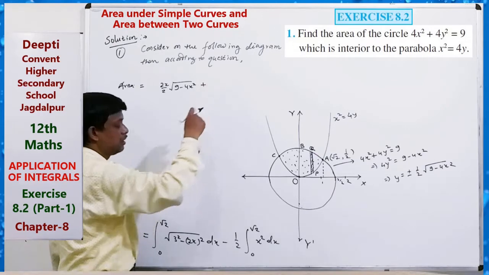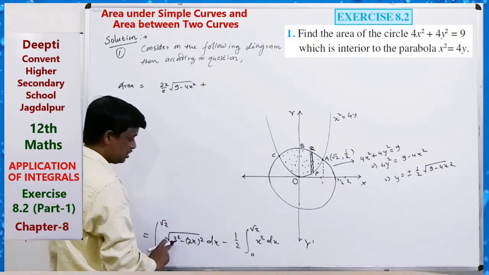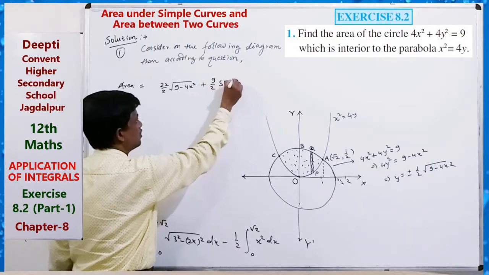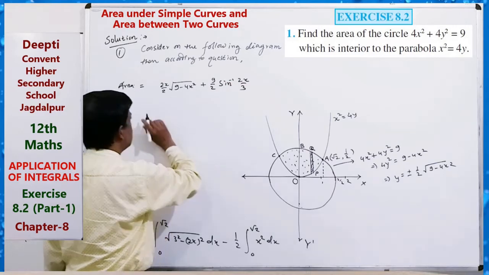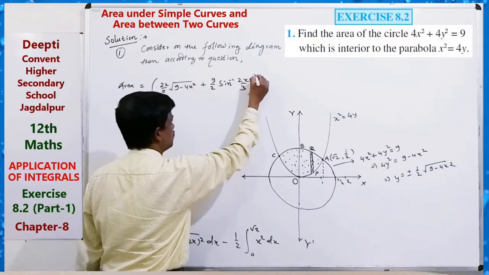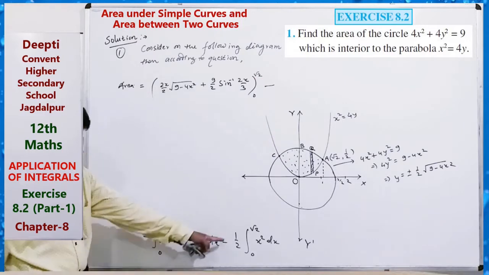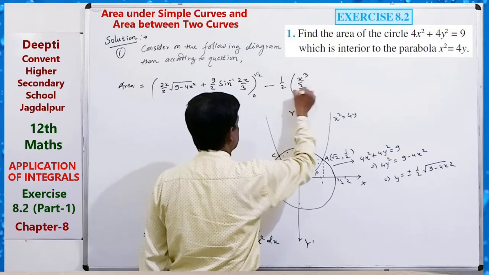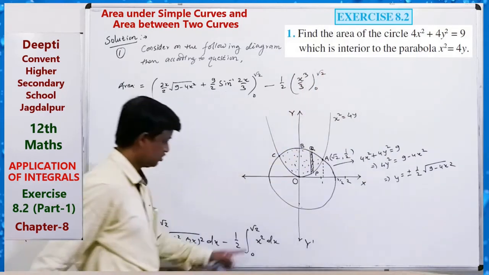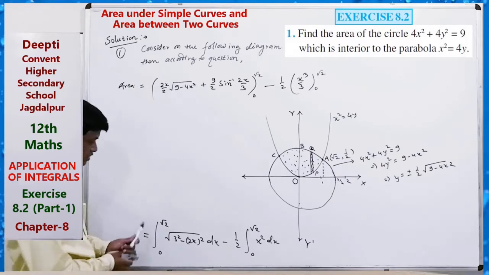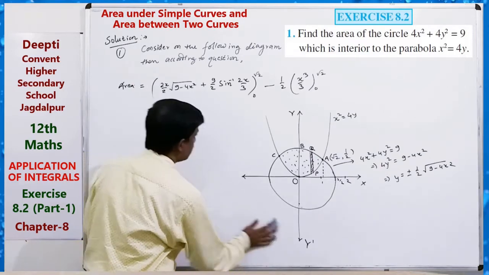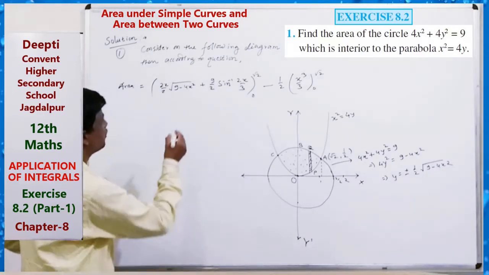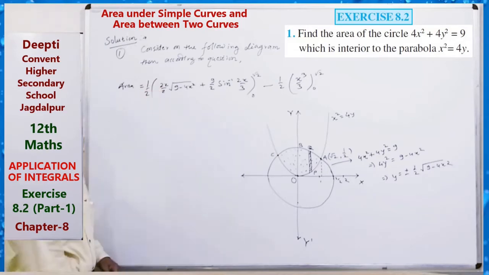So plus a square by 2, a square means 3 square, 9 by 2 sin inverse 2x by 3. This integral 0 to root 2, minus first a half, x cube by 3, 0 to root 2. Okay. So this is our, and this total divided by 2 because of 2x.